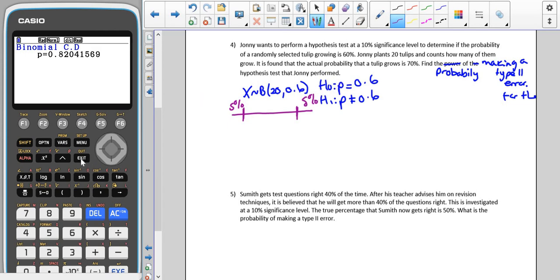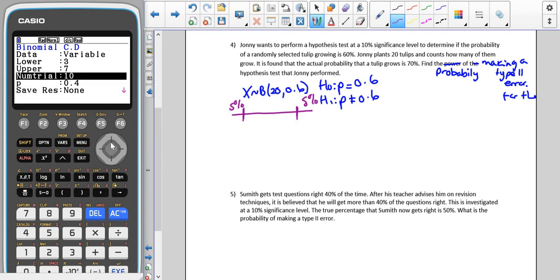So to start off with, we're just going to try some numbers, see where we get. So we're going to have 0 as our lower. We're going to be changing our upper. We've got the number of trials is 20 and the probability is 0.6. It's a good idea to have a think about what the mean value is going to be.